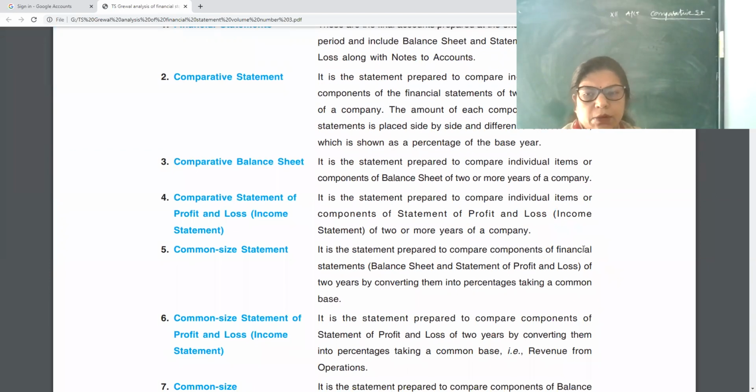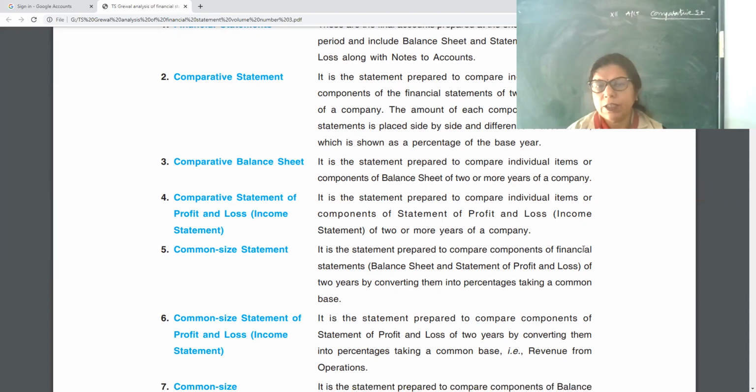The next term is common size statement. See, there is a big difference between comparative and common size. Common size statement is the statement prepared to compare components of financial statements of 2 years by converting them into percentage, taking a common base.